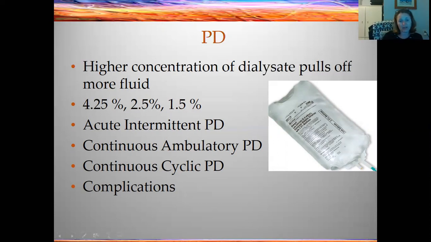So, different ways of delivering the peritoneal dialysis. The acute intermittent peritoneal dialysis is indicated when there are signs and symptoms of too much waste in the body. It's used to treat acute things.